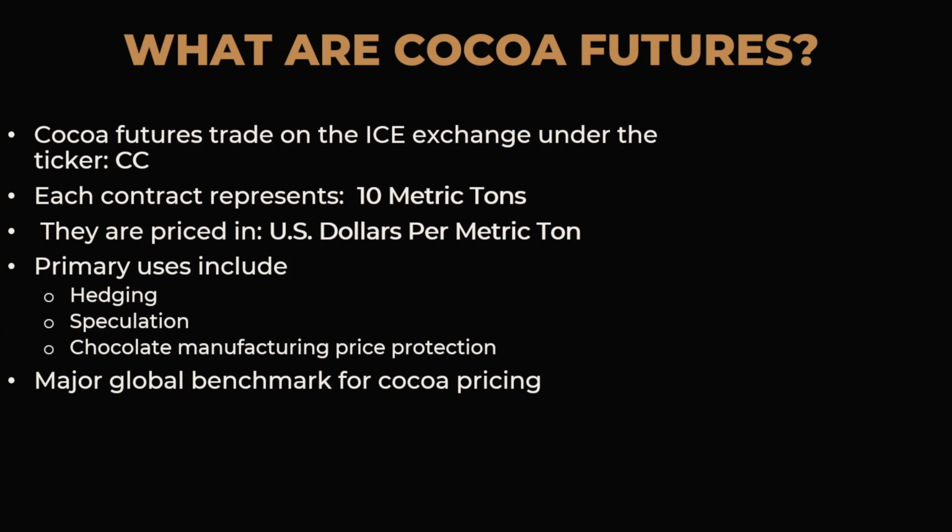Large chocolate producers, exporters, processors, and commodity firms use this market to manage price risks across global supply chains. And because cocoa serves as the global benchmark pricing mechanism for the chocolate industry, disruptions in supply can rapidly transmit into food inflation, manufacturing costs, and ultimately consumer prices worldwide.